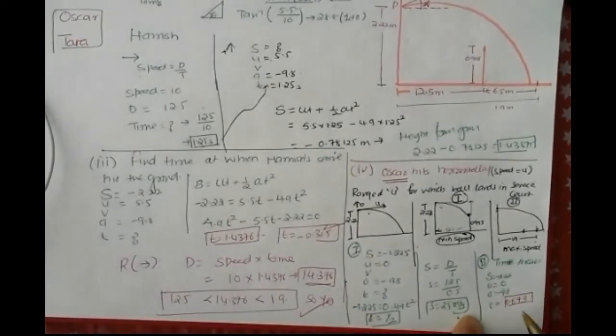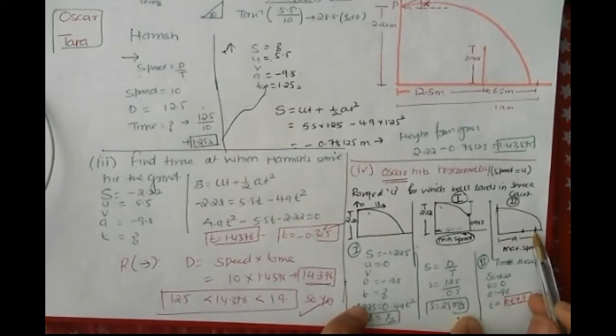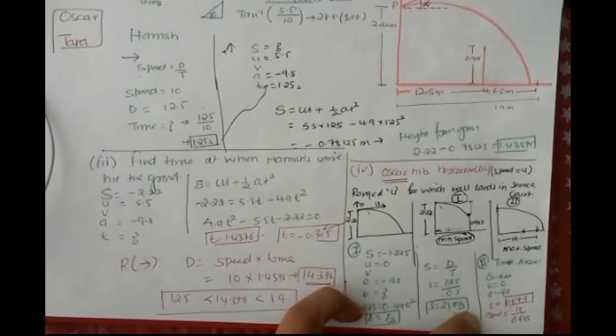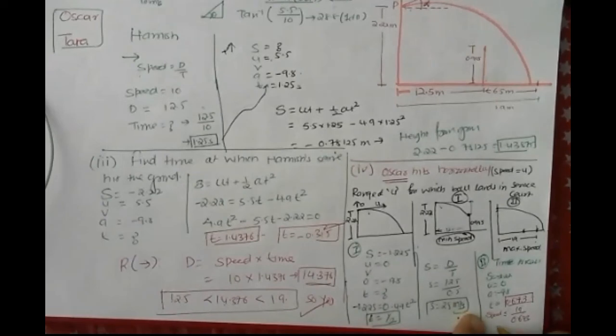Now guys, this should be the time when the horizontal distance should be less than 19 meters. So the maximum horizontal speed should be less than or equal to distance over time. So 19 divided by 0.673, and see how much you get. That should be the maximum speed, and this comes out as 28.22.